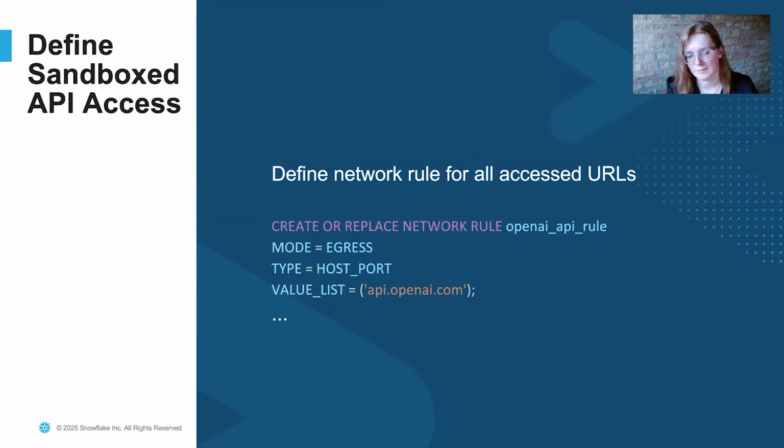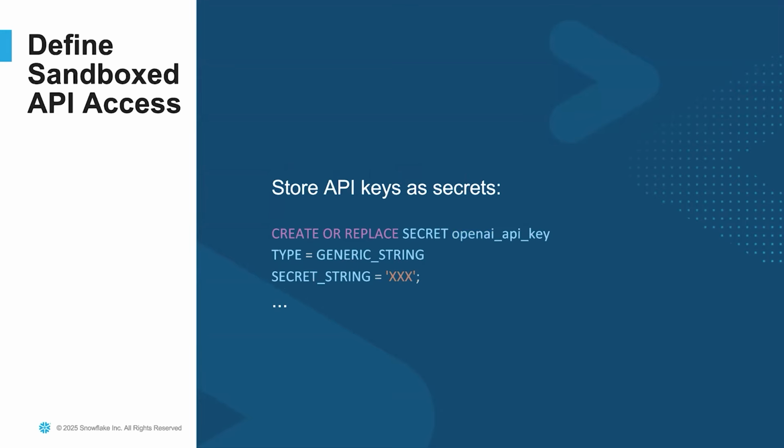The next part is that because this is hosted on Snowflake, it's very sandboxed. So we need to define where it's allowed to access the internet and how it's allowed to do so. In order to do that on Snowflake, we need to define a network rule. This basically just defines a host URL that could be accessed on Snowflake.